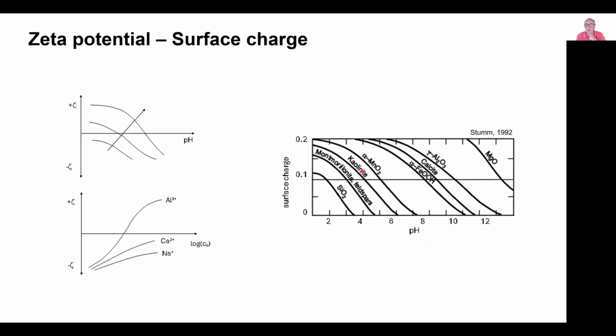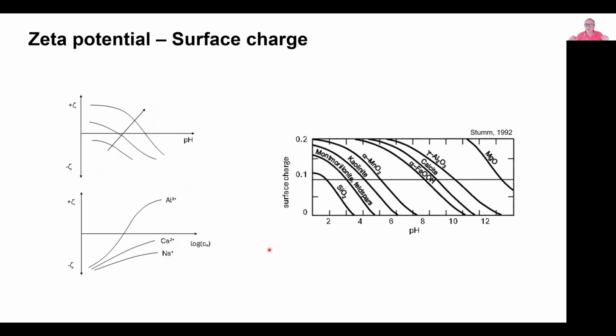The lower the pH, the more positive the surface charge tends to become. But the surface charge is dependent not only on the pH, but on the balance of the prevailing ions and the concentration of ions. So it's a fairly complex story that will affect some of our analysis as we move on.